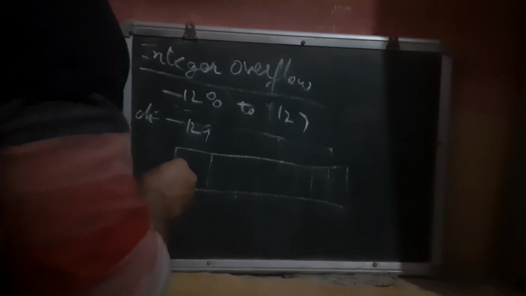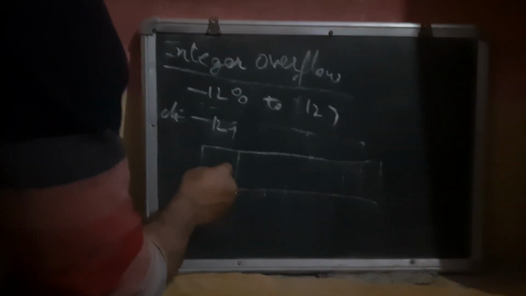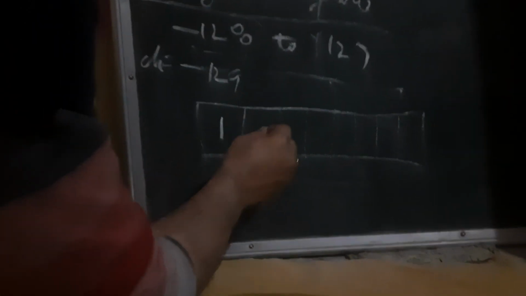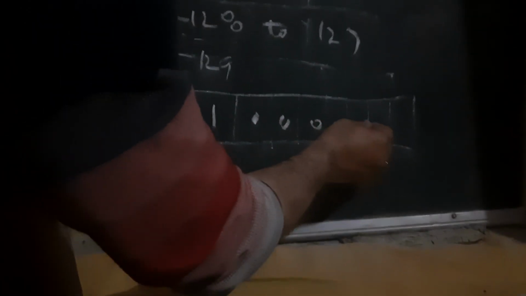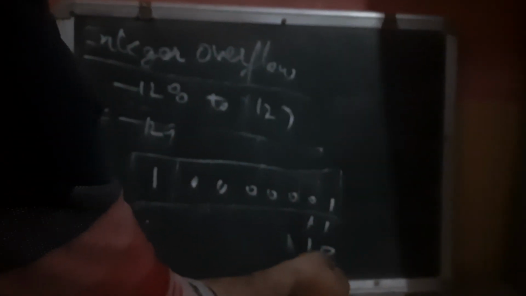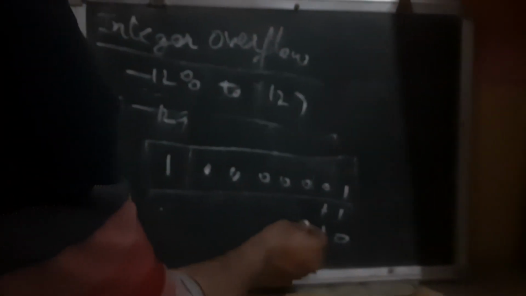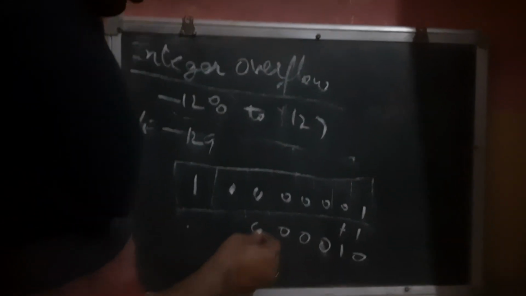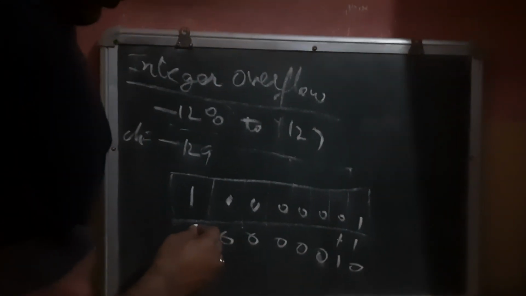Let us represent its magnitude. The magnitude will be 1, 0, 0, 0, 0, 0, 0, 1 for 129. Add 1 to it, and it will be 0, 1, 1, 1, 1, 1, 1, 1.